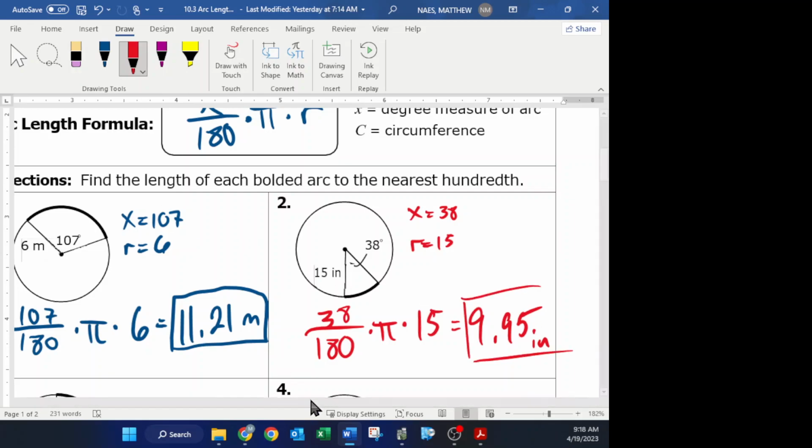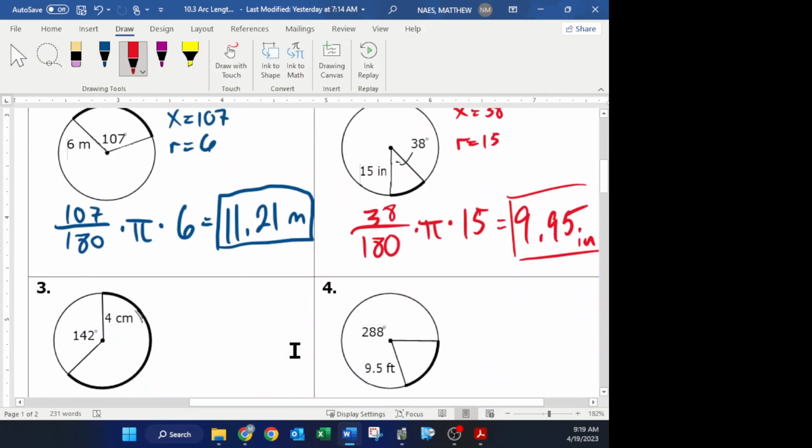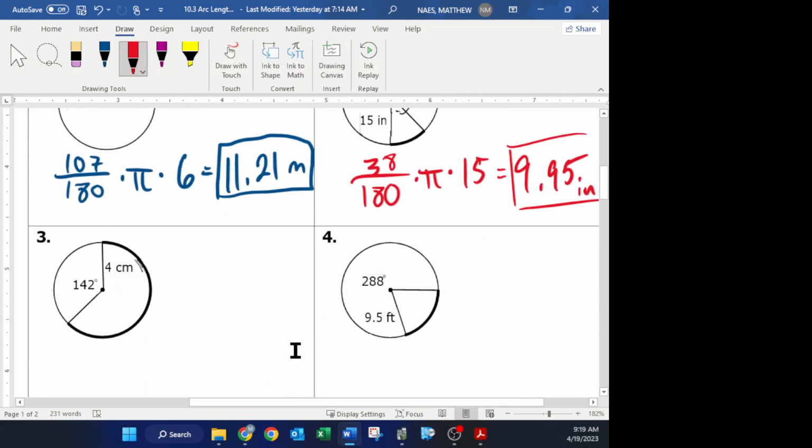All right, number 3. Now, number 3 is a little bit different because you're finding the arc length, but they didn't give you the central angle. They gave you the other central angle. So you do need to find the correct central angle here. Now again, since a full circle is 360, x here is going to be 360 minus the given value 142, which gives me 218.